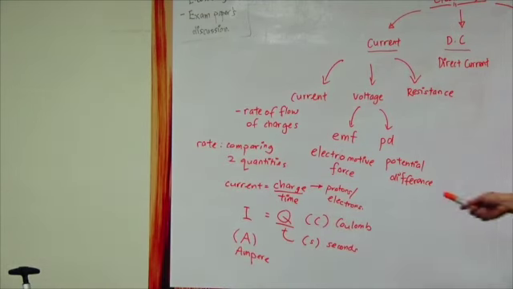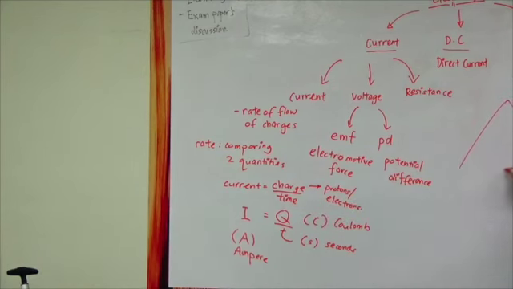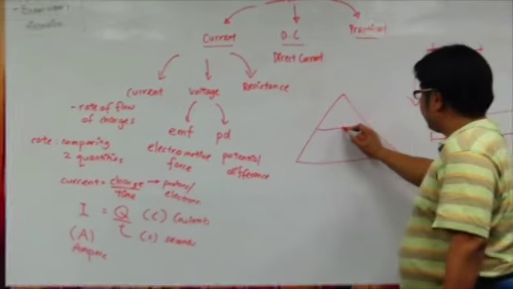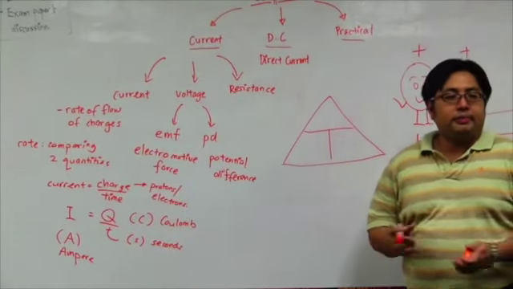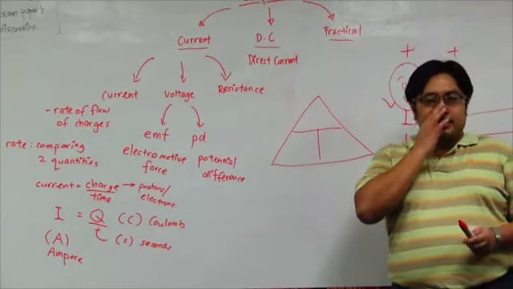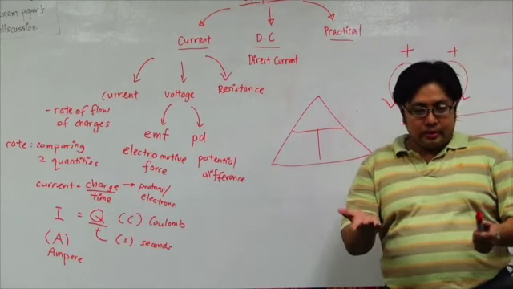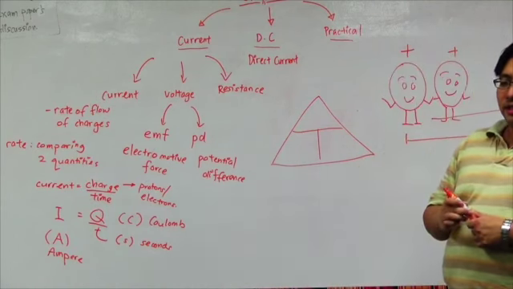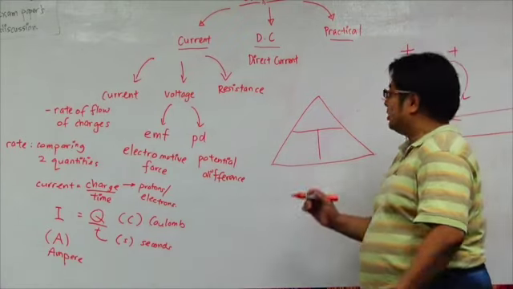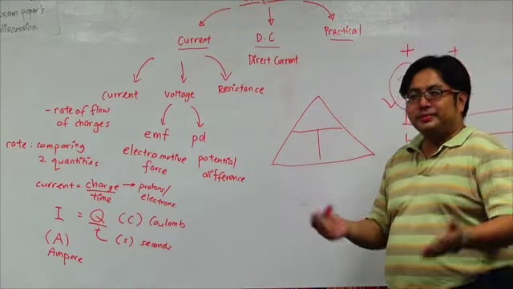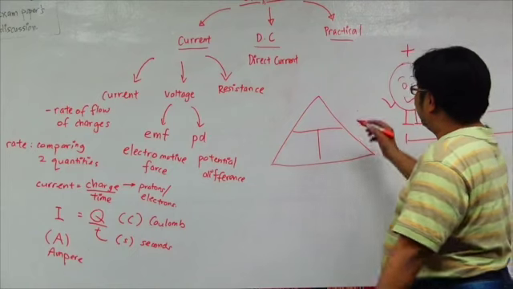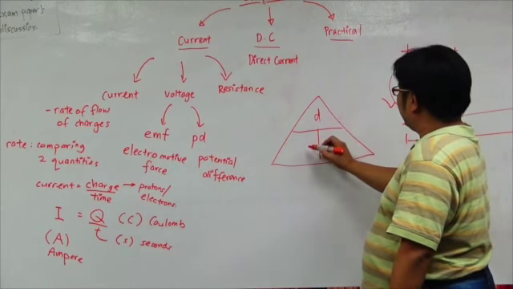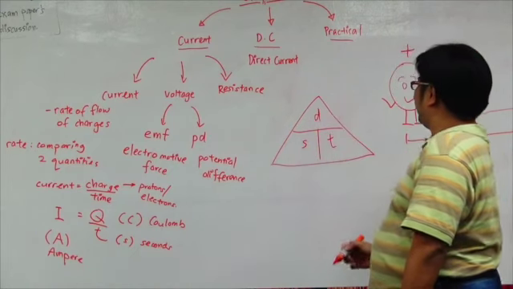Some students find this a bit hard to memorize, so I prefer to do it in a triangular form. Anyone learned the speed formula? Distance equals speed times time.